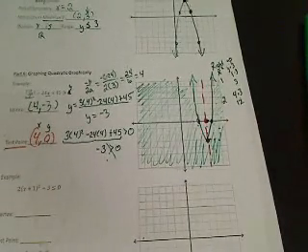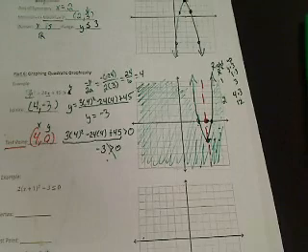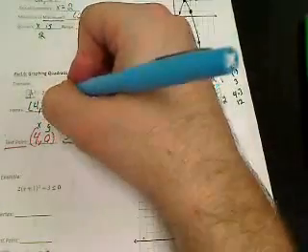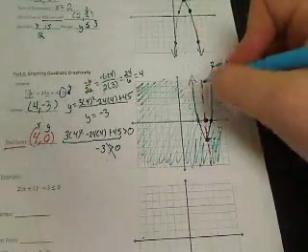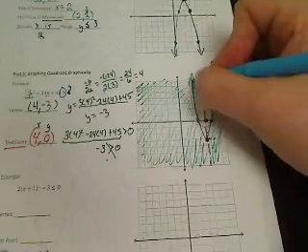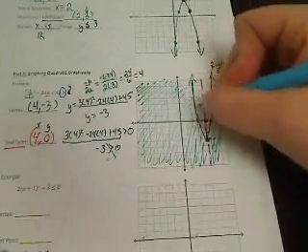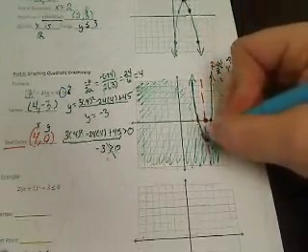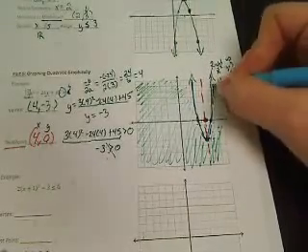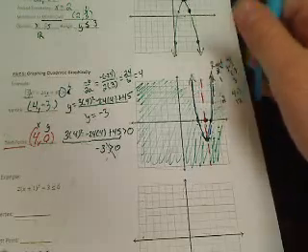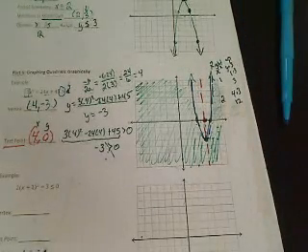Now there is one thing that we want to make sure we look at. It's the actual inequality. The actual inequality is just greater than. So there is one thing that we need to look at when we look at our graph. Our graph should have little spaces inside of it.